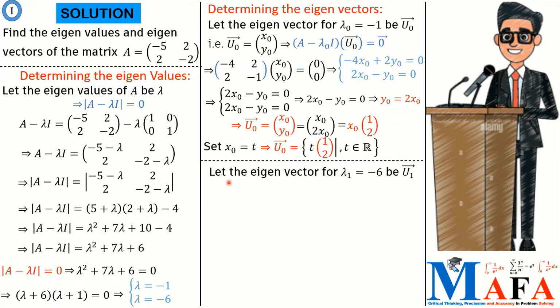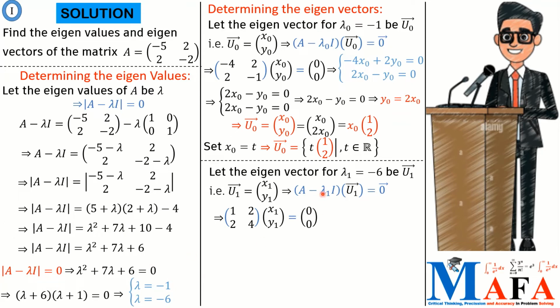Alright, so let's get now to lambda equal to -6. I named it lambda 1 and its eigenvector is u1. That is, u1 is equal to this vector represented in column form. By the mathematical definition of the eigenvector associated with the eigenvalue lambda 1, we have this definition. Now we just repeat the same process. So our lambda 1 now is -6.